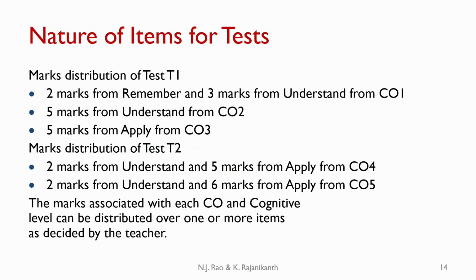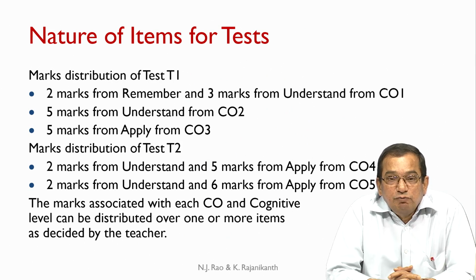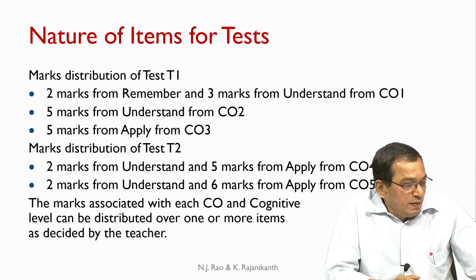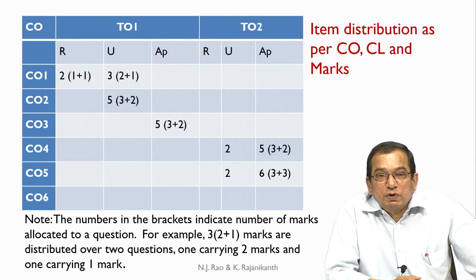Now, we need to look at the distribution of these marks, what we have just seen, and these marks which are associated with each CO and cognitive level can be distributed over one or more items as decided by the teacher. For example, we say 2 marks for remember. For CO1 we need 2 marks from remember level. Now, how do we get these 2 marks?